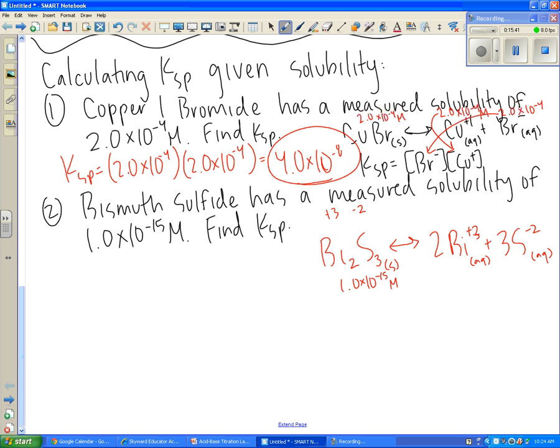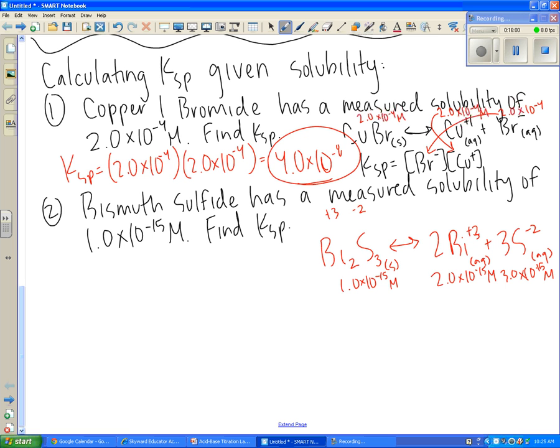Yes, so 2 times 1.0 times 10 to the minus 15. So this will be 2.0 times 10 to the minus 15. And this will be 3.0 times 10 to the minus 15 molar.